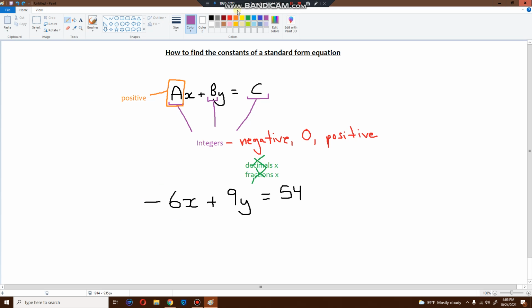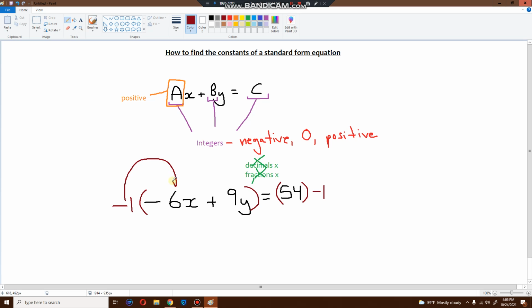And the only way you can get rid of a minus sign is by multiplying everything in this equation by minus 1. And you have to multiply, obviously, this side also by minus 1. That is the rule. To get rid of a negative constant for the letter A, you must multiply it by minus 1.